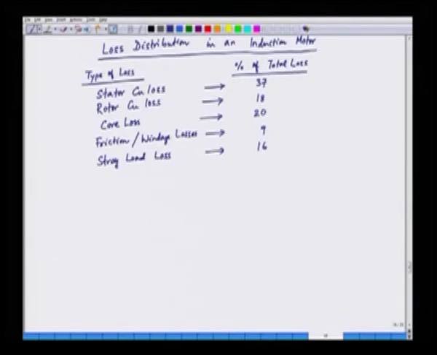Now, how can we minimize the losses? The loss can be minimized from various aspects. We have the loss in the copper in the stator and the copper in the rotor. Usually, the rotor is made up of die cast aluminum. They pour molten aluminum onto the rotor to manufacture the rotor bars for a squirrel cage induction motor.